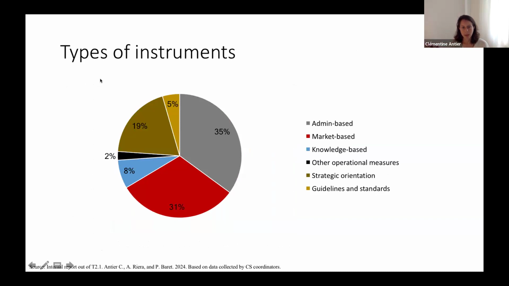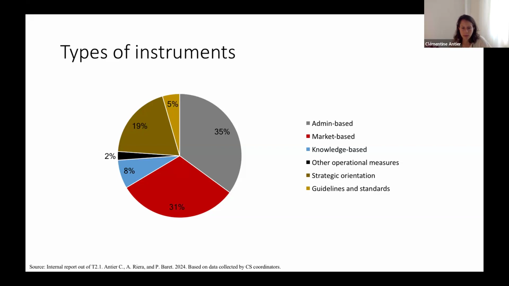We also ask about the types of instruments within those policies, and the categories that we listed were whether it was administrative-based instruments, market-based instruments, knowledge-based instruments, or it could also be strategic plans or guidelines and standards.